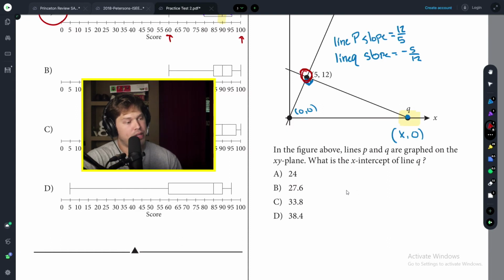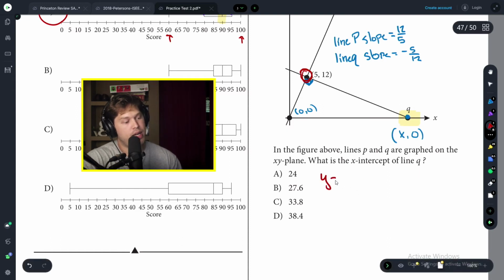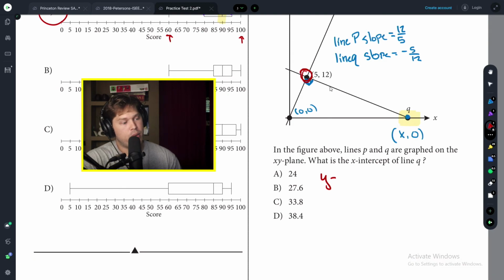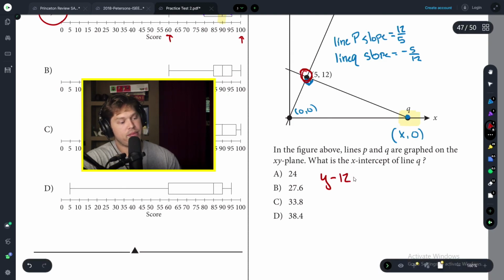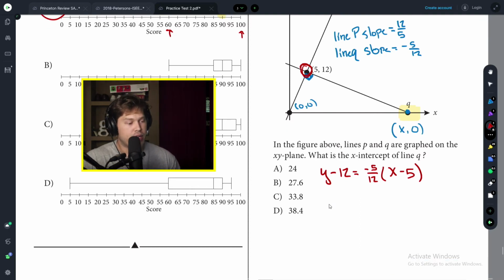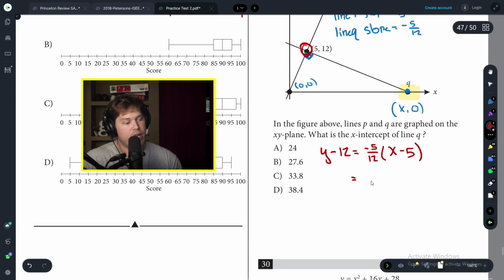So remember, point slope form is y minus y sub 1. Y sub 1 is 12 in this case, equals our slope, which we found to be negative 5/12, all times x minus some point for x, which is 5. So now we can continue to simplify. This will simplify to negative 5/12x plus 25 over 12.